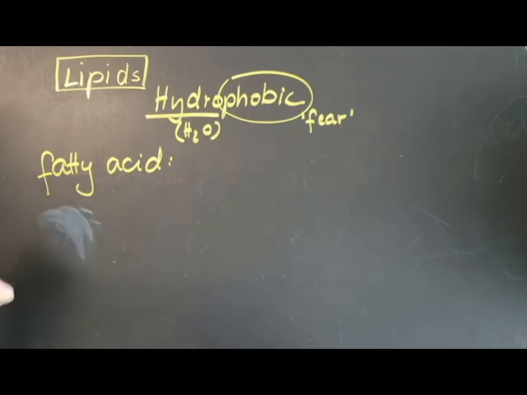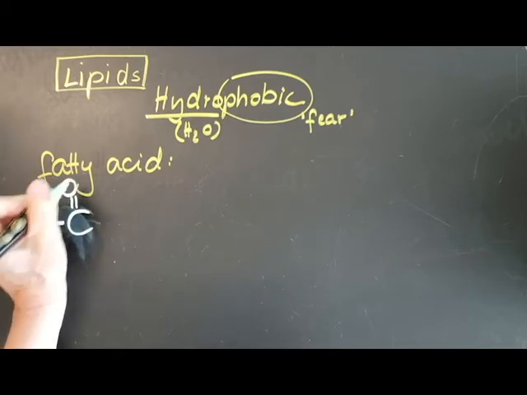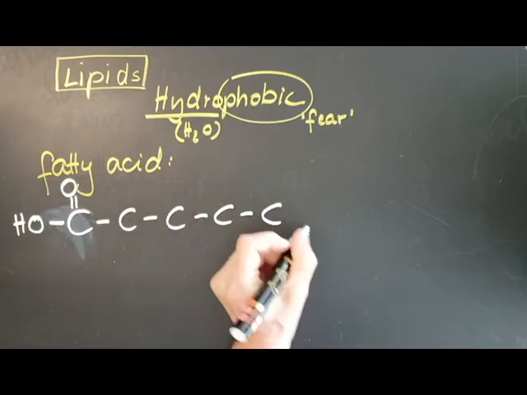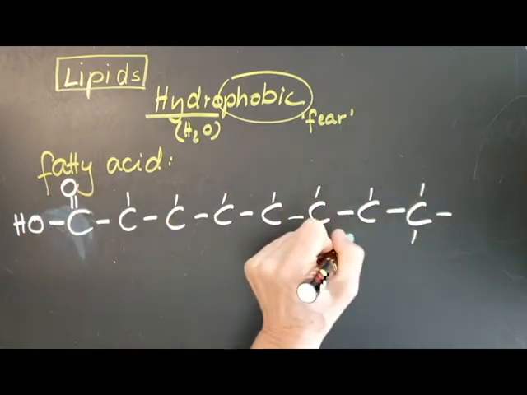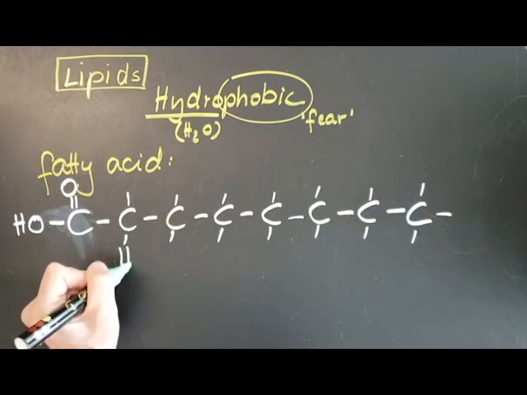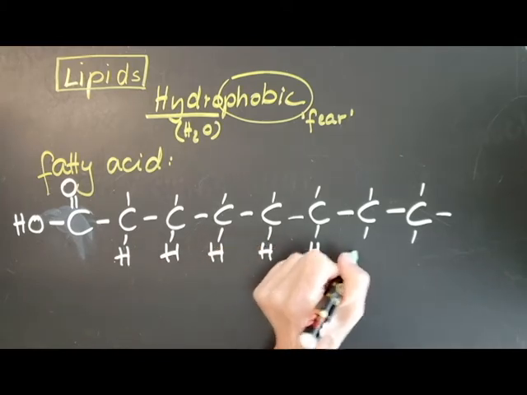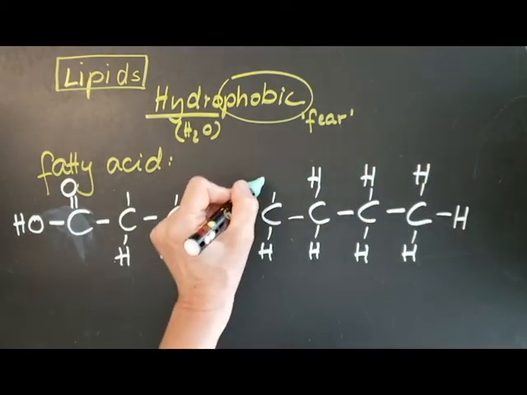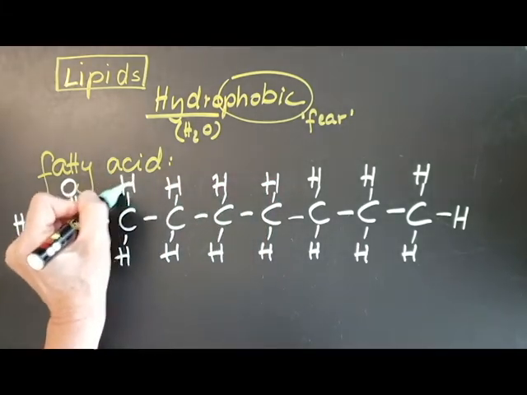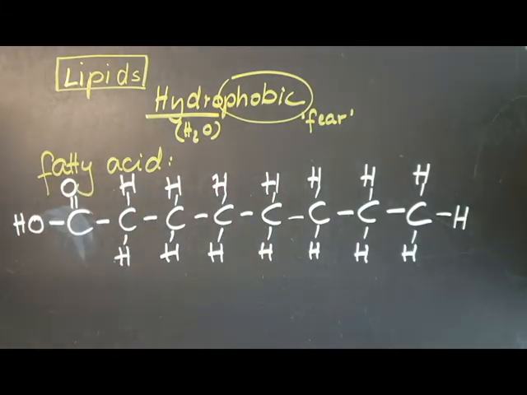Now, drawing out the fatty acid, this is the carbon, and these lines are all the covalent bonds, non-polar covalent bonds with the hydrogen.